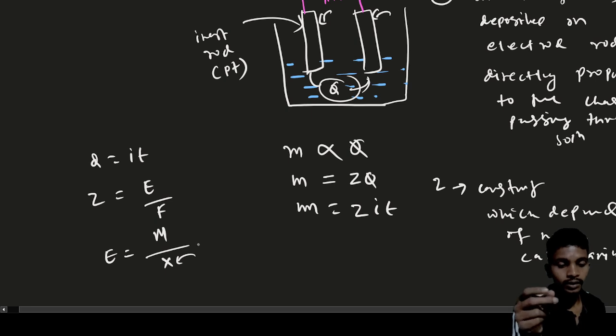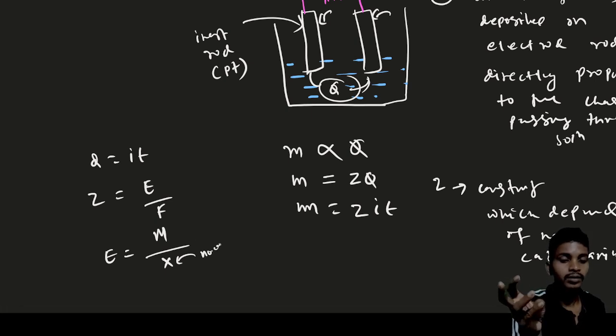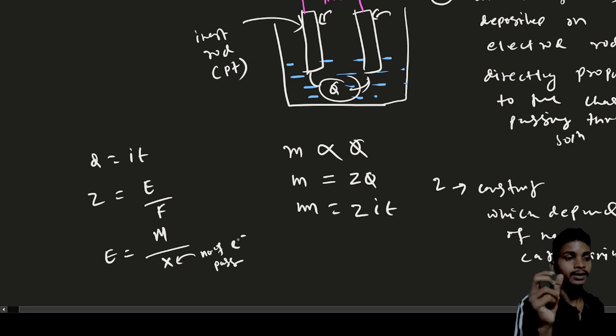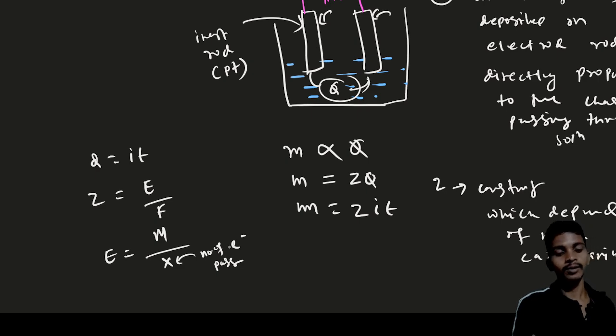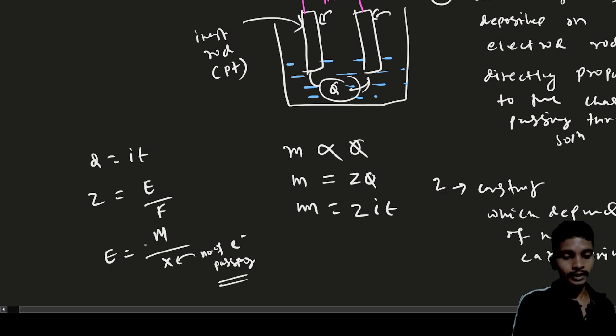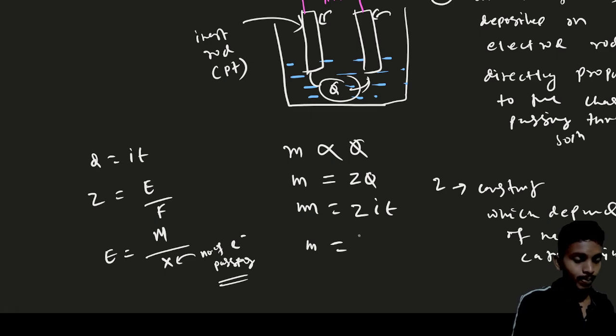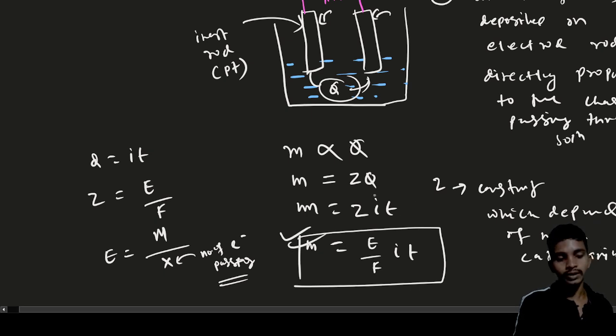X is the number of electrons passing; for acids it is the number of H plus, for bases the number of OH minus, so that is the X factor, the number of electrons passing in electrochemistry. So E equals M by X, and M equals Z I T, where Z is E by F, so M equals E by F into I T. In the numericals we will use this formula.